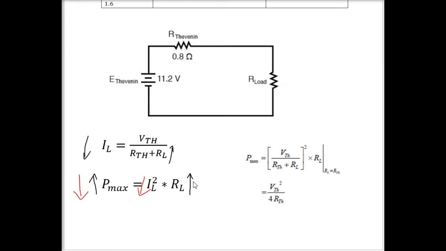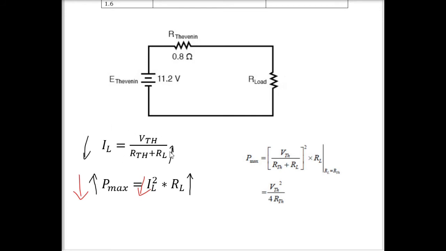Why am I saying all of these formulas? Because what's the value of the load resistor for which you're gonna see the maximum power across the output terminal? If you see this relation, the power is directly proportional to RL over here, right? So when I have my RL increased, then my power is gonna increase at the same time.